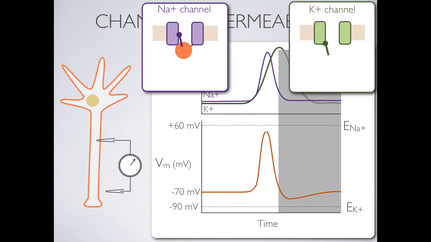At this point in time, both the sodium channels and the potassium channels in general are closed. Okay, does that make sense? Those are all of the details of how two voltage-gated channels drive the permeability changes that facilitate an action potential.